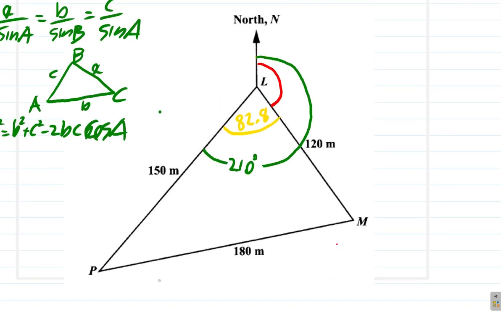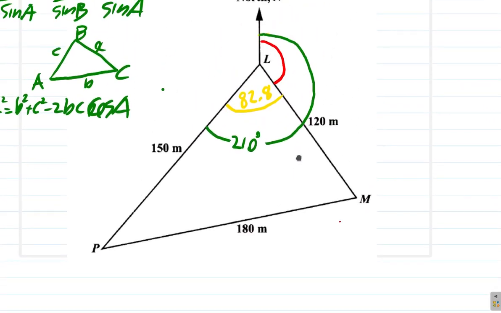M from L would be, notice if you go from the north line and go all the way to this line to get 210, then you back off by 82.8.